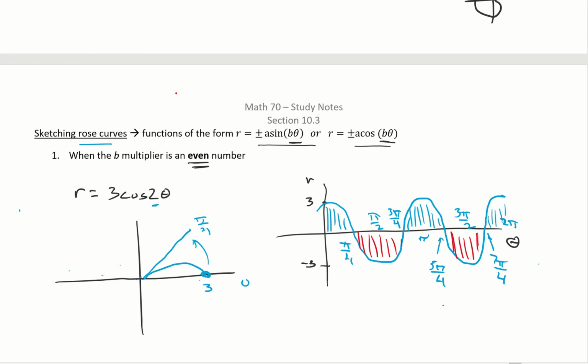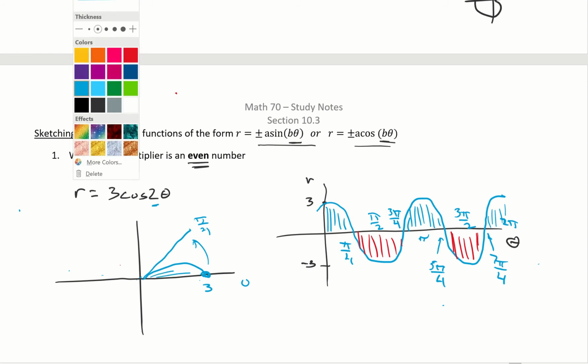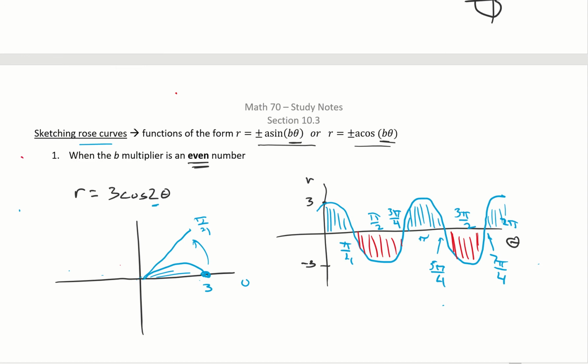Okay, like that. So theta is scoping this out, like so. But then you go through this whole negative swoop. And by the time you get to pi over 2, which is up here, you're actually pointing in the opposite direction down here, and r is negative 3. So even though theta is turning in that direction, the curve grows and grows in strength till it reaches negative 3, okay?